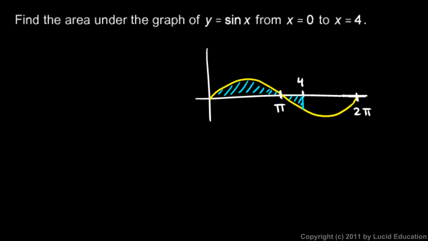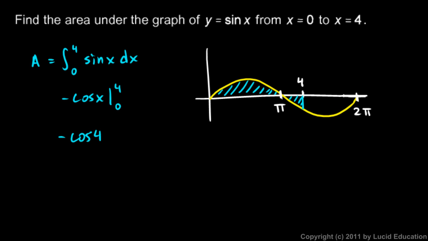Okay, what will that be? Well, pretty straightforward. It's the integral from 0 to 4 of sine x dx. So we integrate the sine function and we get the negative cosine of x evaluated from 0 to 4. So this will be negative cosine of 4 minus negative cosine of 0. Okay, and what is that?